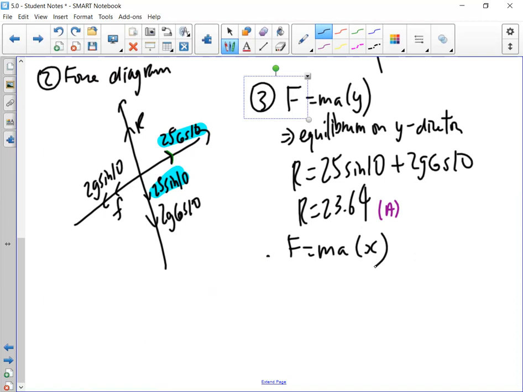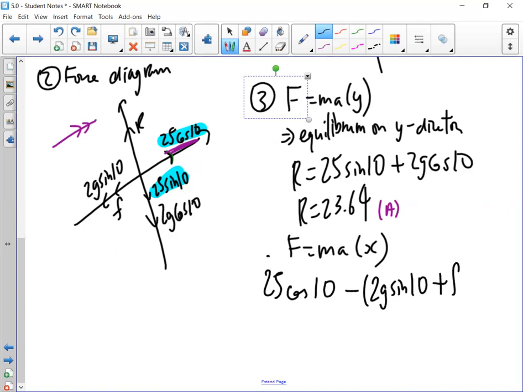It's important because if the box is moving upwards, then the upward force, 25 cos 10, has to be bigger than the downward forces, 2g sin 10 and friction. So we do 25 cos 10, subtract the total downward forces, 2g sin 10 plus friction, equals ma. The mass is 2, acceleration we don't know.